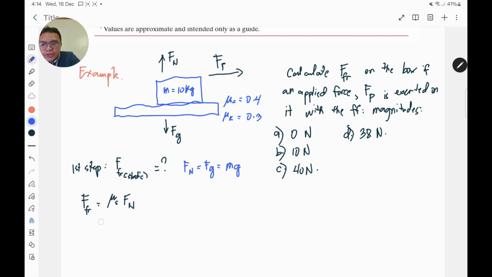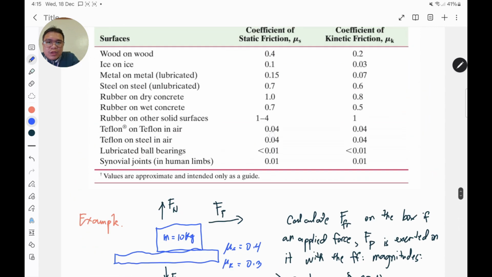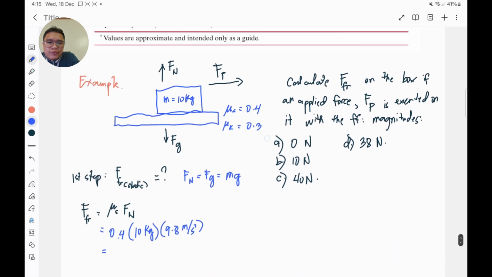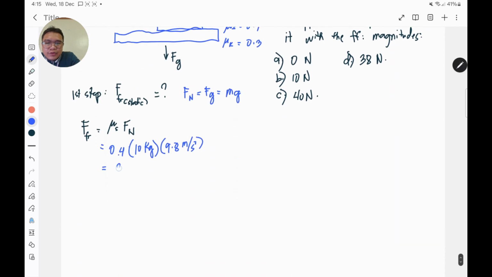So this will become 0.4 multiplied by the mass of the object, which is 10 kilograms, multiplied by 9.8 meters per second squared. So our answer here would be equivalent to what we calculated a while ago, which is 39.2 newtons. So this would be our frictional force due to the static friction of our surface.